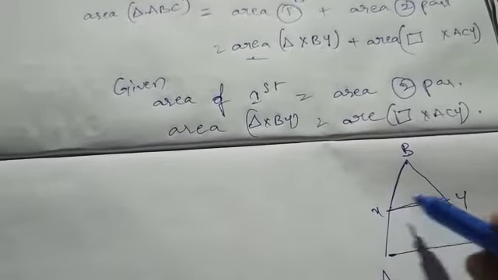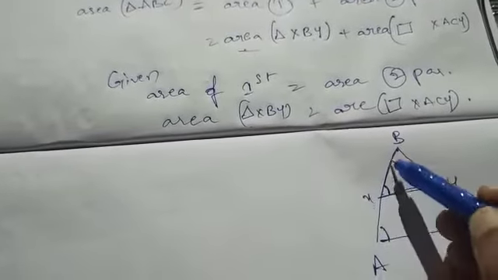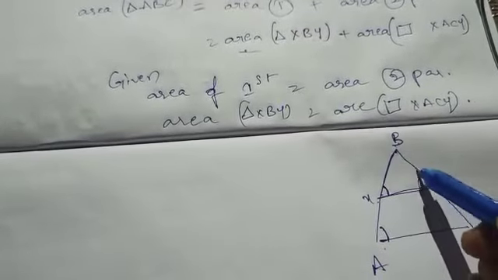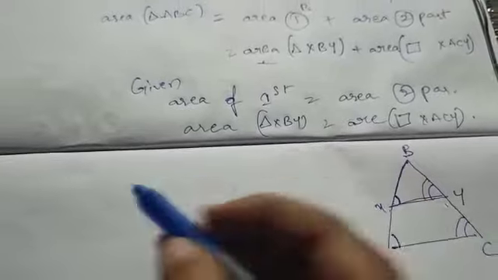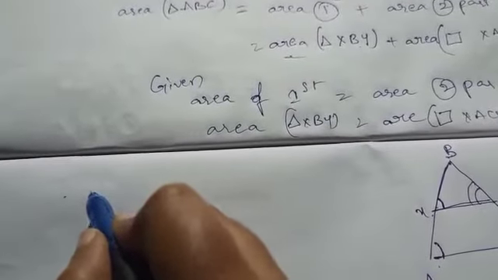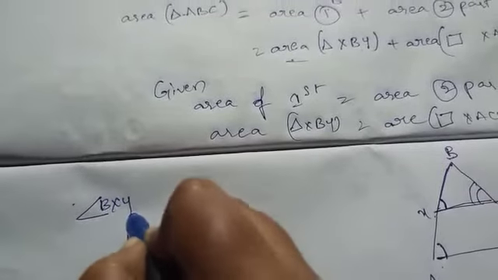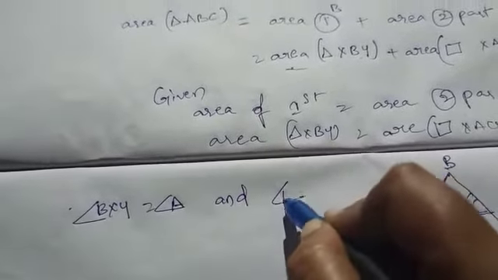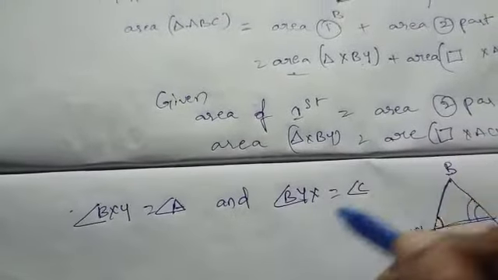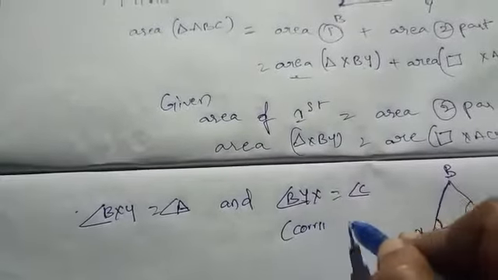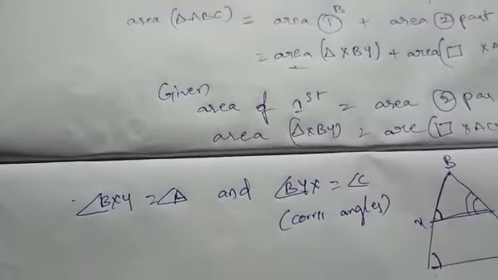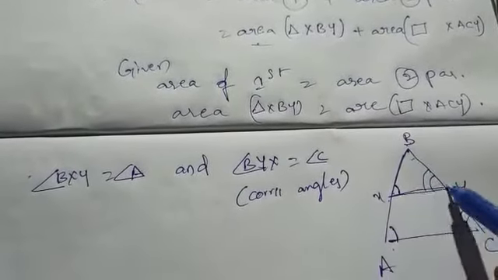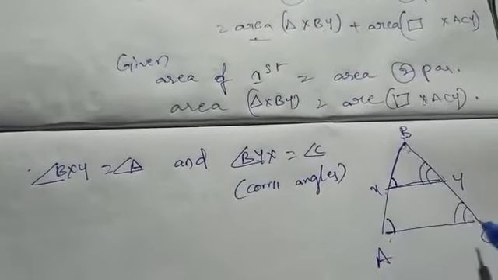Here angle BXY equals angle A and angle BYX equals angle C. Corresponding angles. Okay.